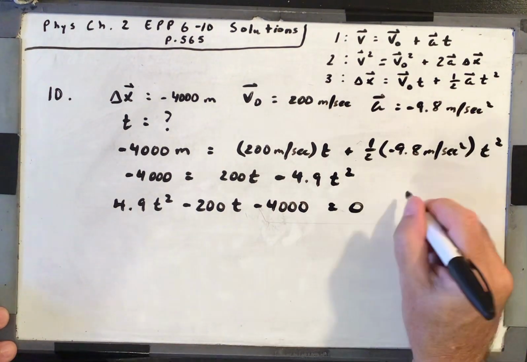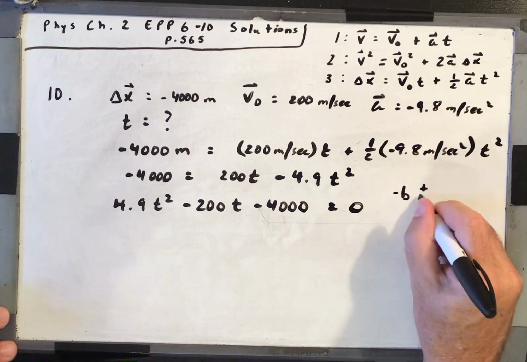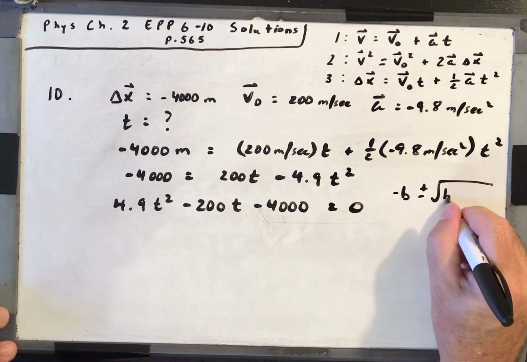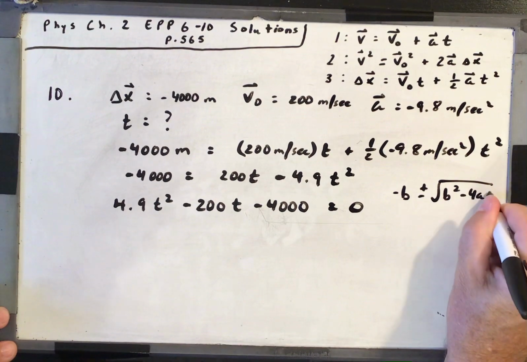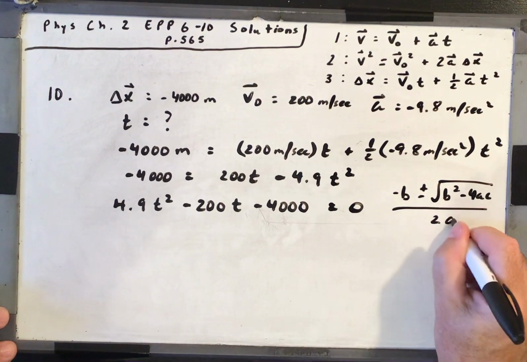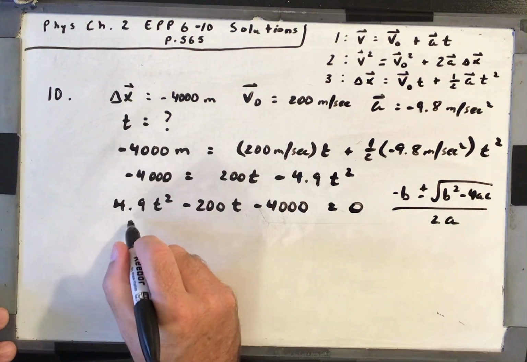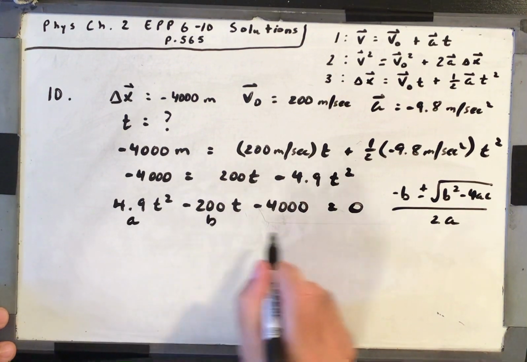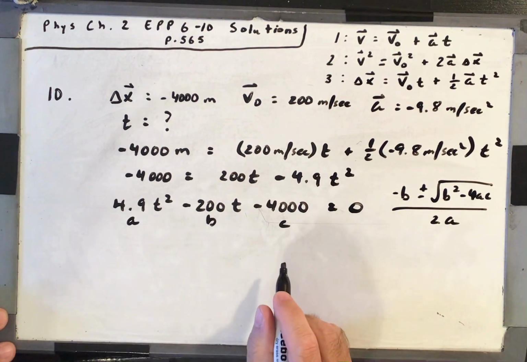Remember, the quadratic formula is negative b plus or minus the square root of b squared minus 4ac, over 2a. So a is 4.9, b is negative 200, c is negative 4,000.